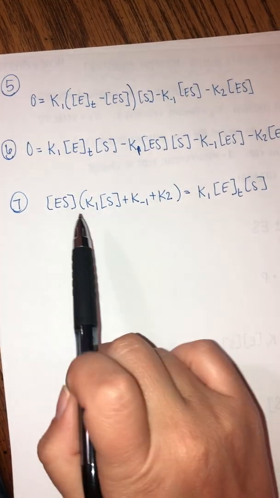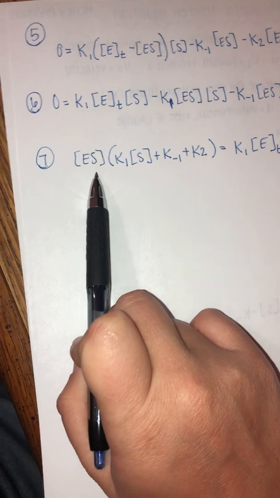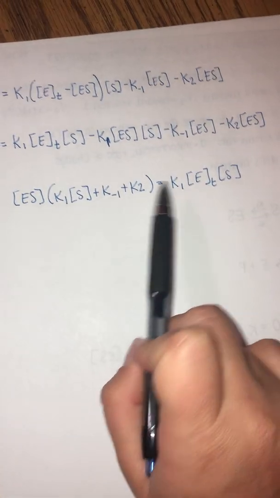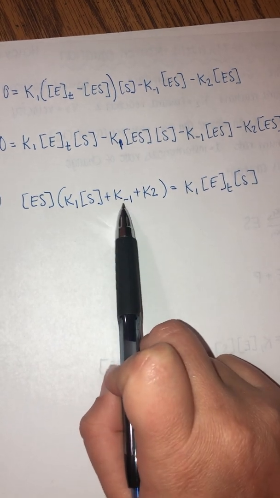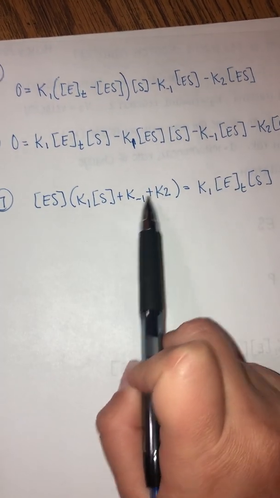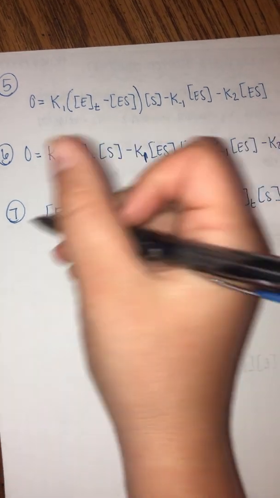So now that we have ES factored out, we are going to divide both sides by K1 times S plus K negative 1 plus K2 so that we can get ES by itself.